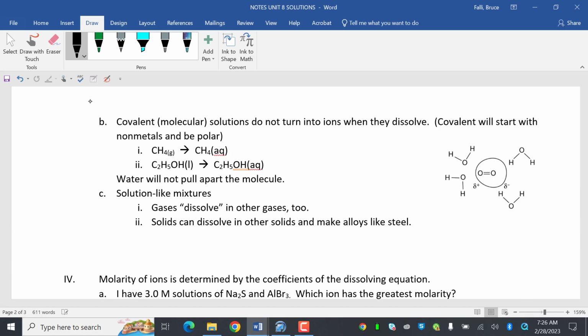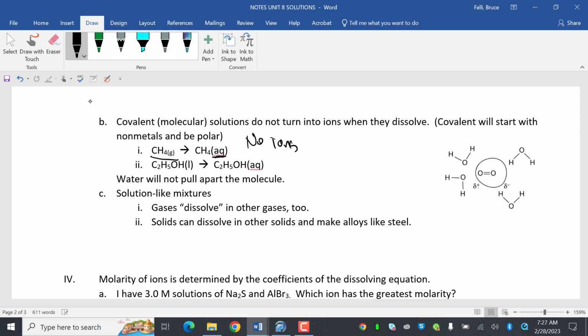Now, covalent, called molecular solutions, do not turn into ions when they dissolve. Covalent will start with nonmetals and be polar. So when we do this, notice we have no ions. All that happens is your substance just turns into aqueous and it's surrounded by water. Water will not pull apart the molecules, but it will still like it. So see how this end, I made my little electron cloud for the molecule here.